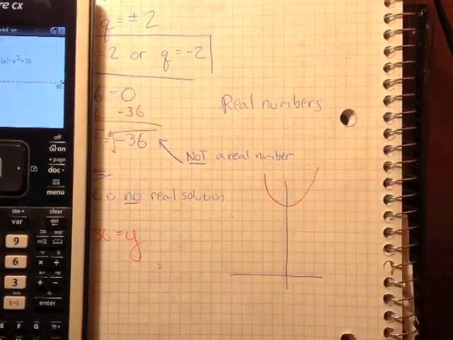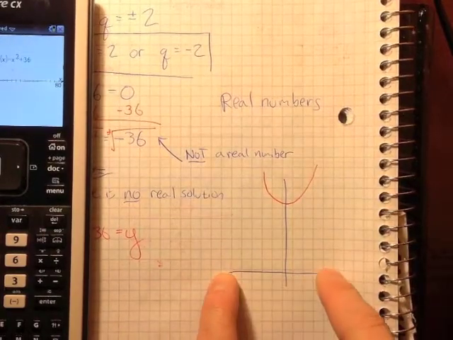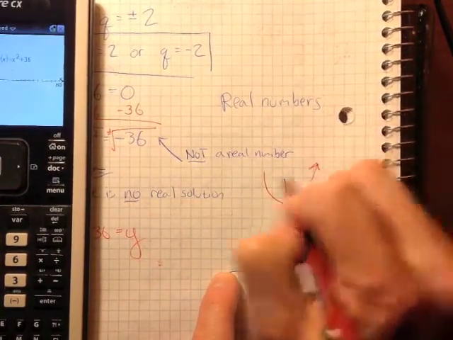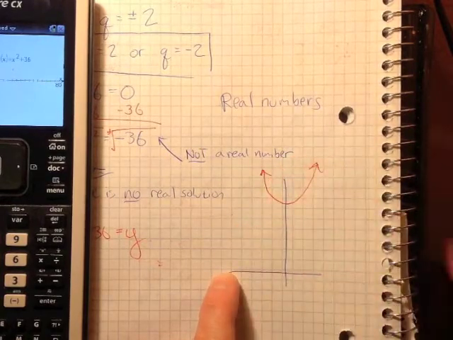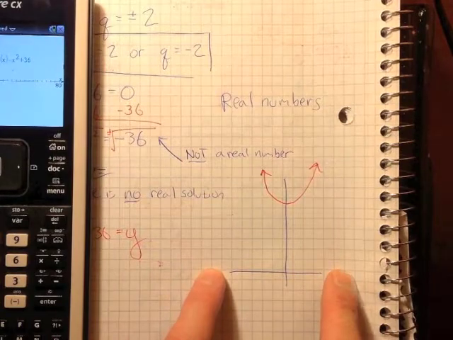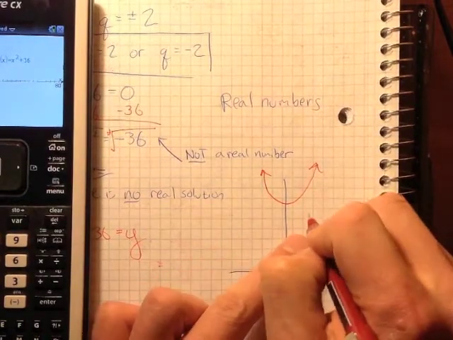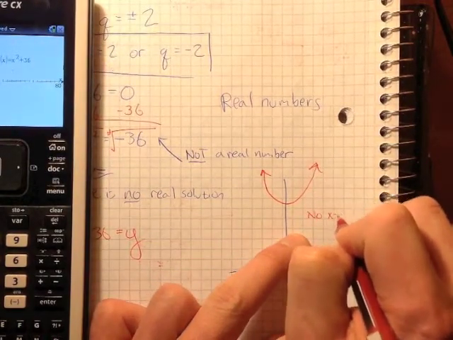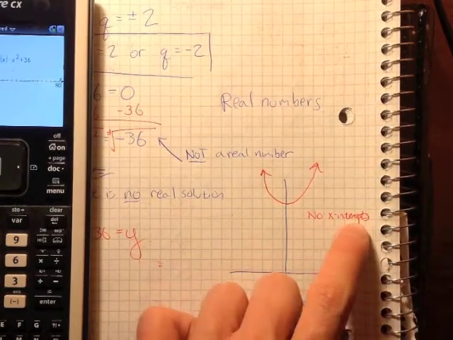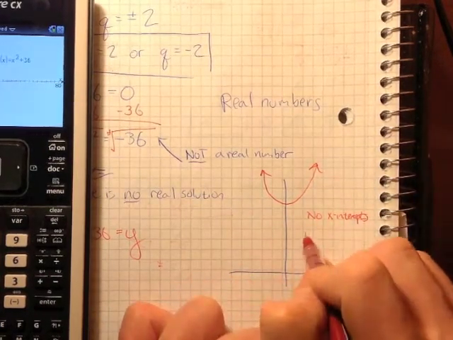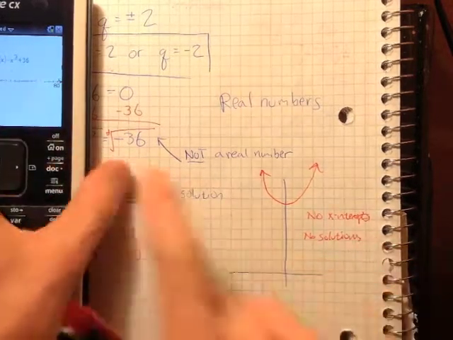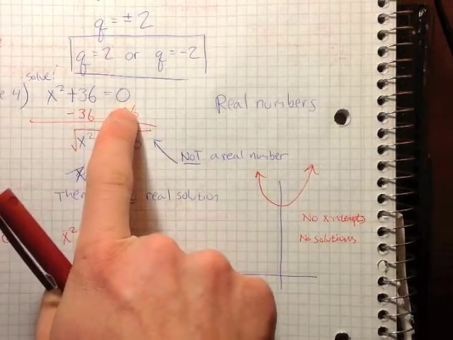Okay? The x-axis is way down here. The graph is way up here. And the graph keeps on going up and up and up in both directions. So this graph never intersects the x-axis, which means that it has no x-intercepts. If it doesn't have any x-intercepts, that means it has no solutions. It means that this equation has no solutions.